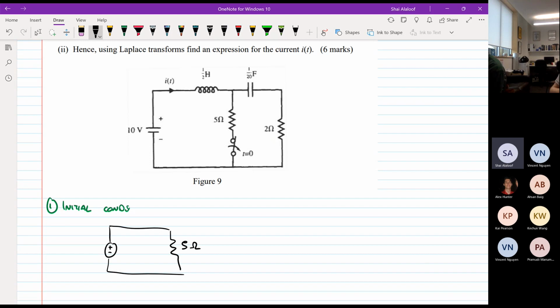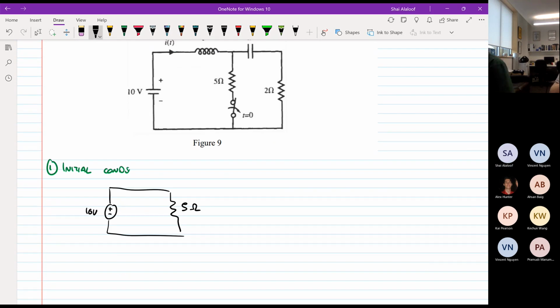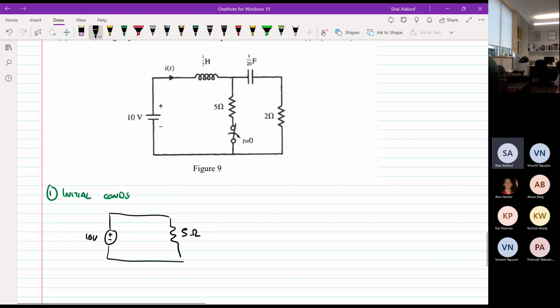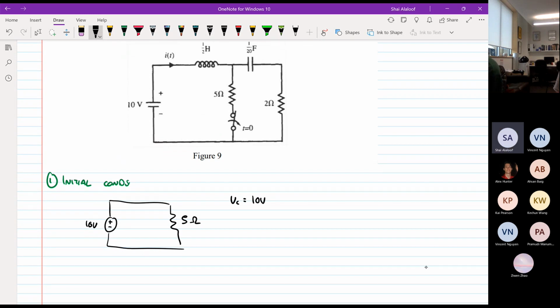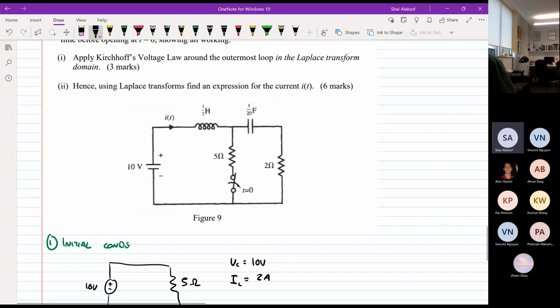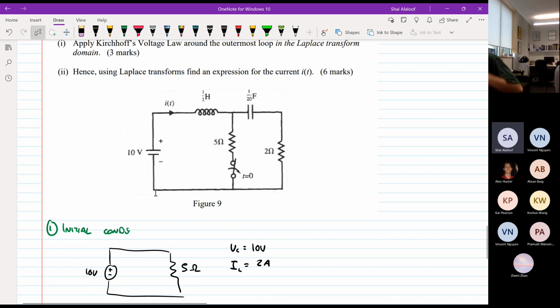And this is 10 volts. Okay. This is a really simple circuit. In fact, the voltage through the capacitor will just be 10 volts, and the current through the inductor is just going to be 10 divided by 5, 2 amps again. Okay, great. So yeah, this one is a bit nicer in the sense that it's a lot less effort.